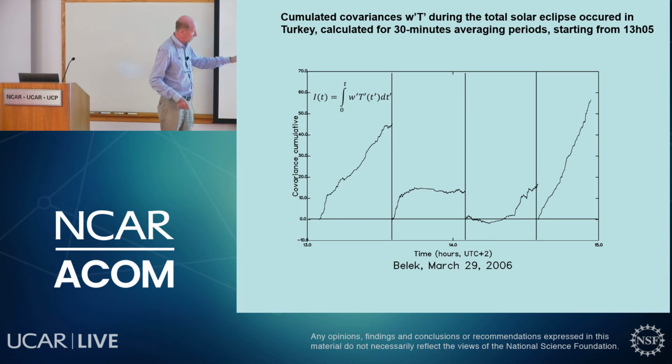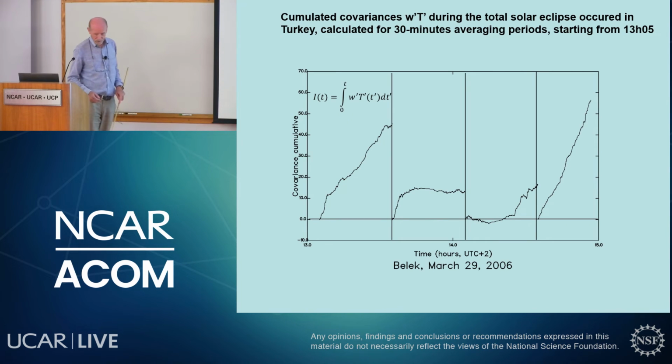And as you can see, during the eclipse, of course, the linearity of this curve is completely non-existent. And this is the basis of the calculation of this stationarity criteria I spoke about.